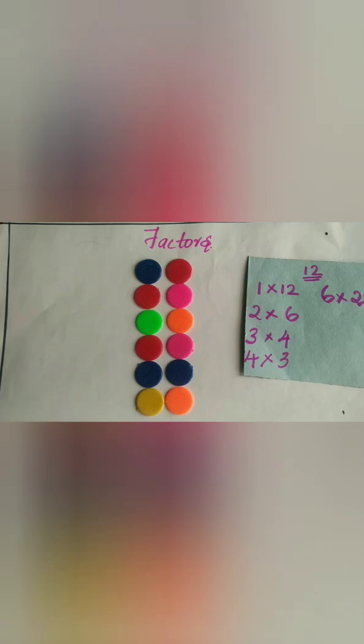Next, I am going to arrange 12 rows in 1 column. Here 12 rows are there: 1, 2, 3, 4, 5, 6, 7, 8, 9, 10, 11, 12. This is 12 rows in a single column.